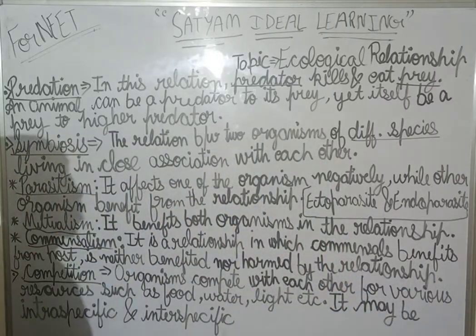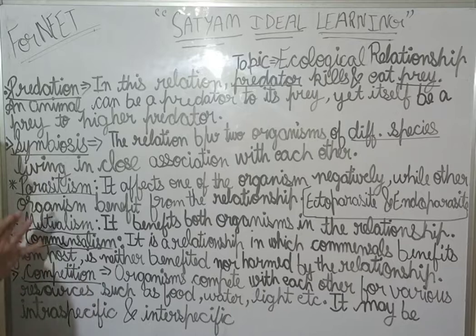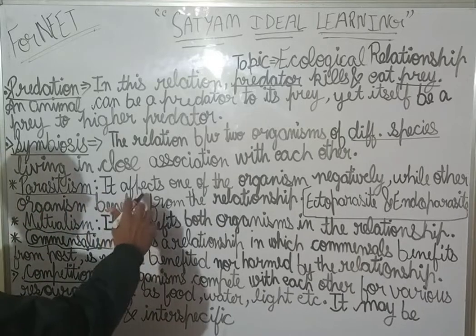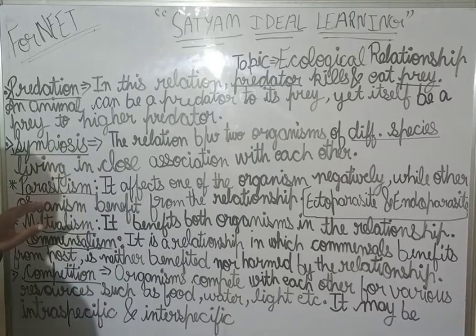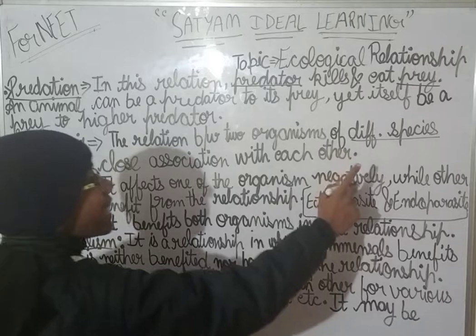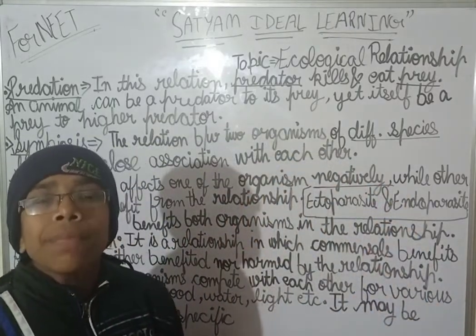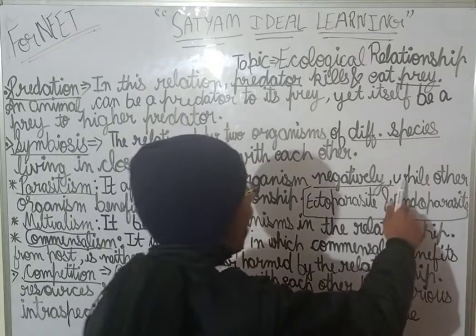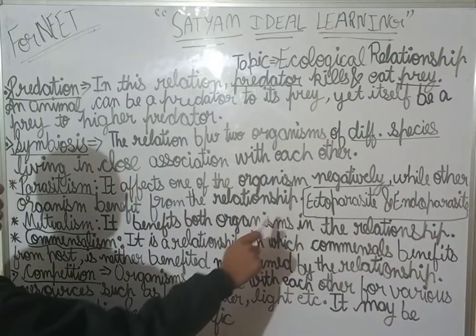Now we will be discussing these three things in detail. What is parasitism? In this parasitism relationship, it affects one of the organisms negatively, while the other organism benefits from the relationship.